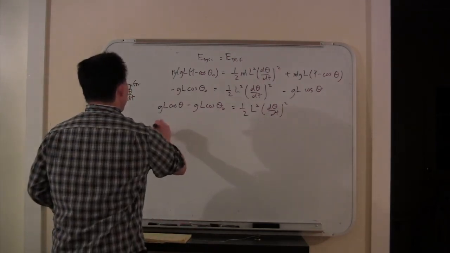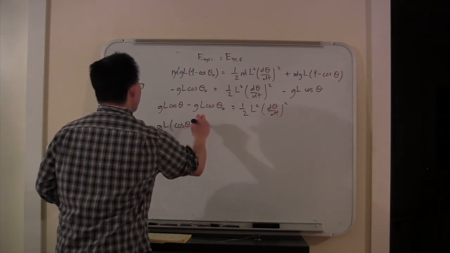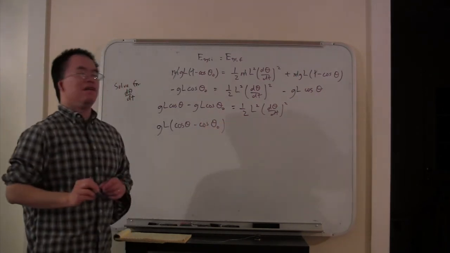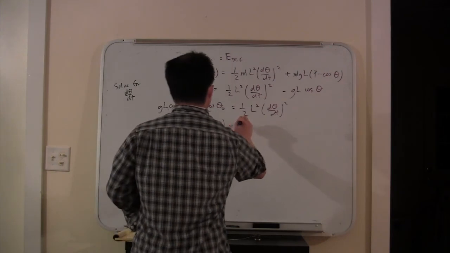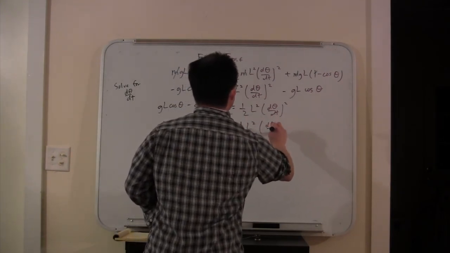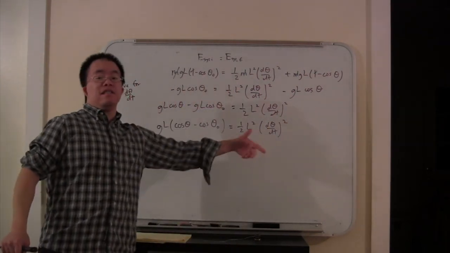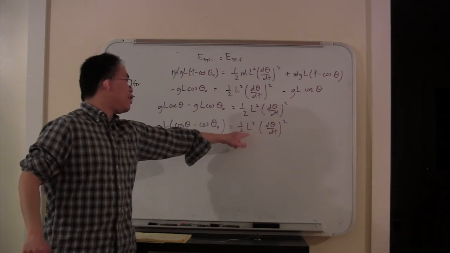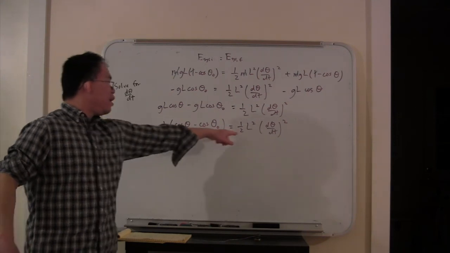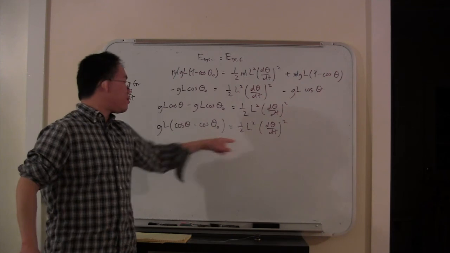So I get a GL quantity cosine theta minus cosine theta naught equals 1/2 L squared d theta dt quantity squared. Well, to get d theta dt squared, I just now have to shove these two factors over to this side. I do that by multiplying by 2 and dividing by L squared on both sides.